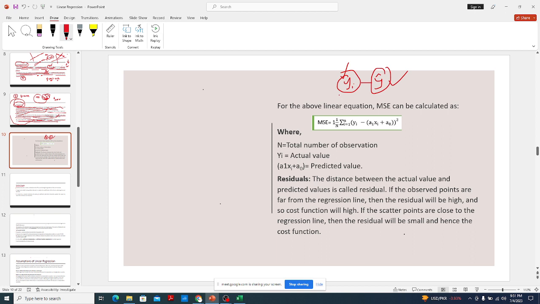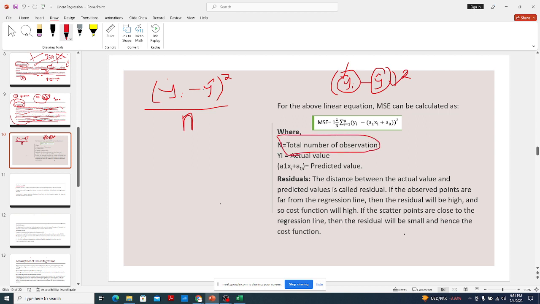When we do the difference, we square it. That is yi minus ŷ, actuals minus predicted, raised to 2, then divide by n, which is the total observations.